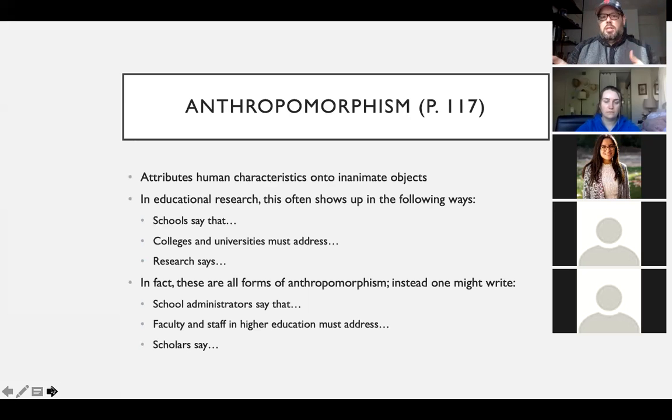And of course, that's important, but really we need to contextualize that a little bit further and say, it's really school administrators or teachers or school counselors who should be doing these things. It's not the schools themselves. And again, that is where anthropomorphism can show up in our writing. So we want to try to avoid that at all costs.